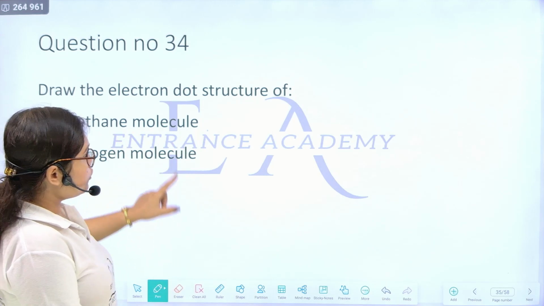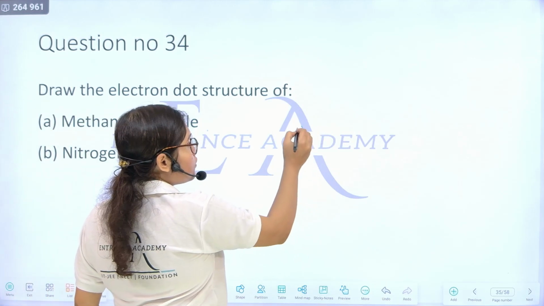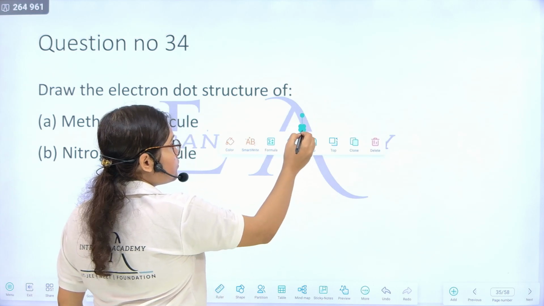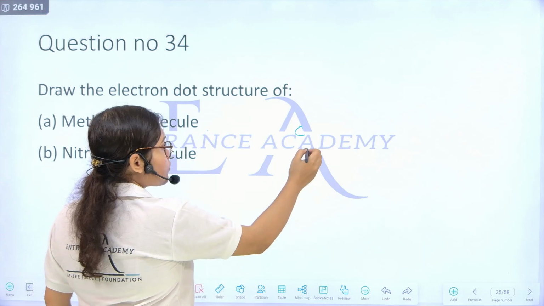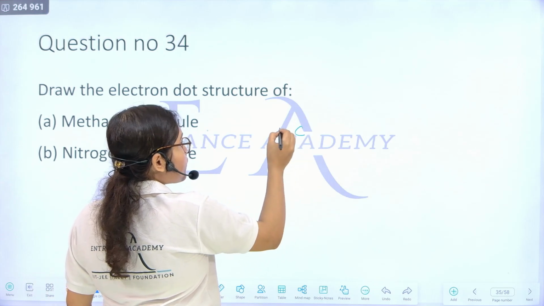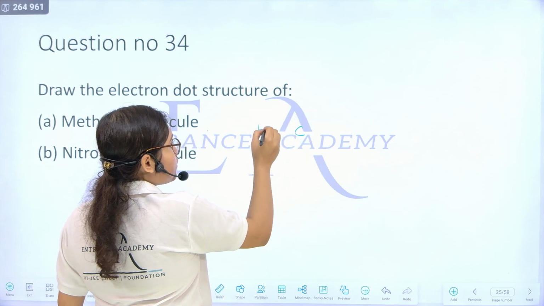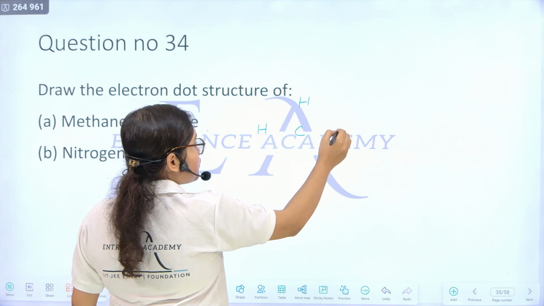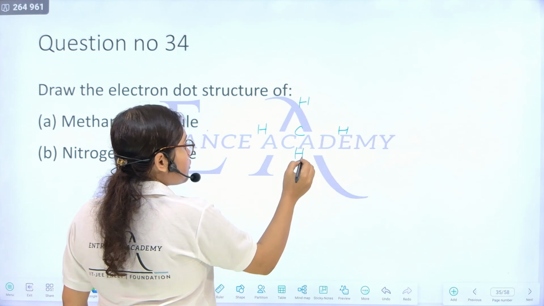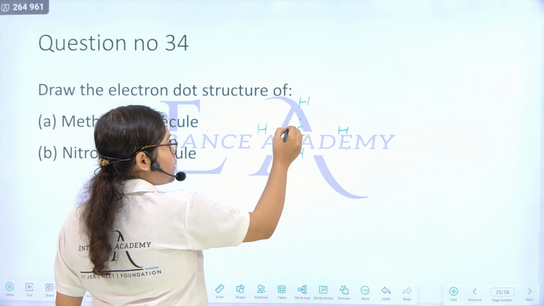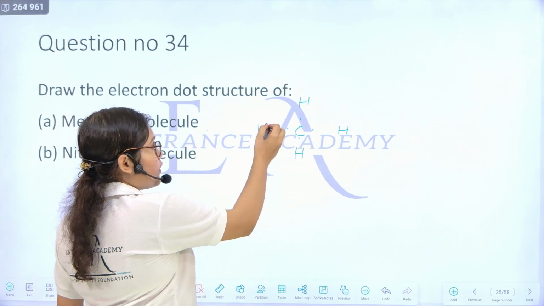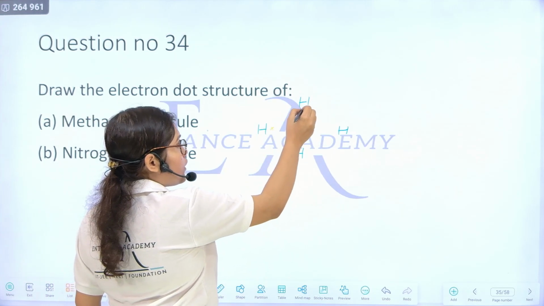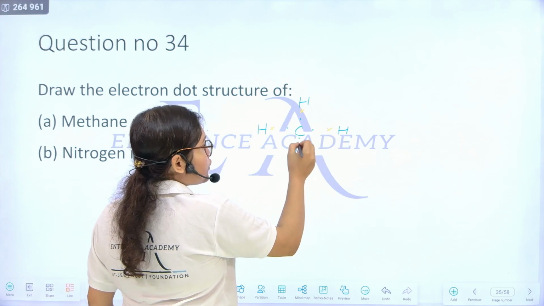So methane molecule, methane, one carbon, 4 hydrogen. Carbon has 4 electrons in the outermost shell and hydrogen has 1 electron in the outermost shell.